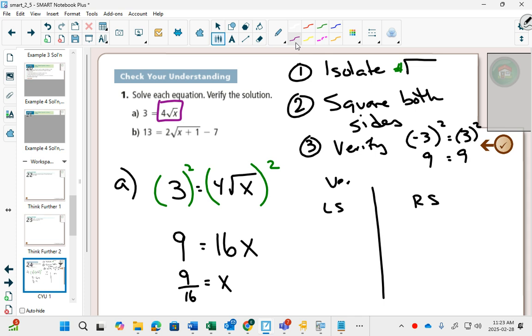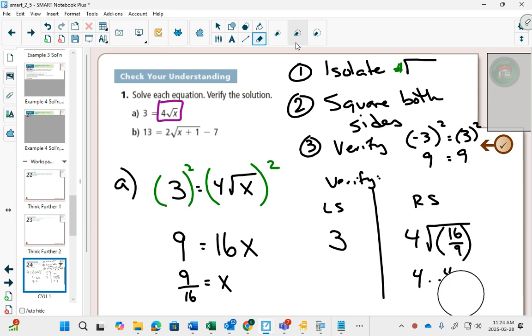To verify, this is how we verify. We draw a line, we write left side on the left side, right side on the right side, and we take our original equation. The original equation, the left side was 3. On the original equation, the right side was 4 root x, and then we replace the x with our answer to see if it works. Oh, I wrote it in wrong, didn't I?